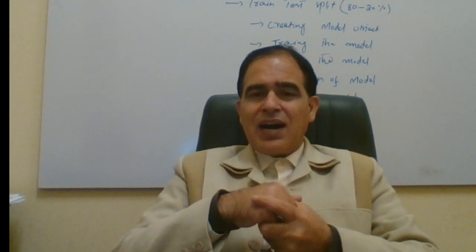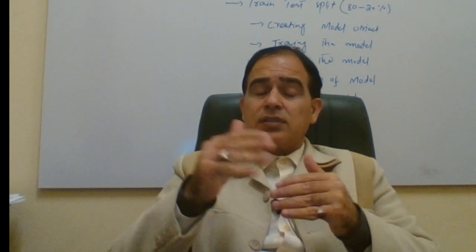In part 5 we summarize all 4 parts, compare all the classifiers, and then finally give input to our model to predict whether the patient has heart disease or not. So thank you very much.